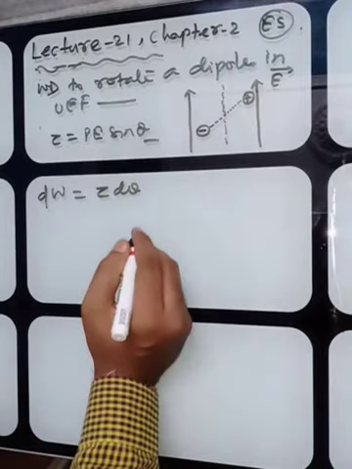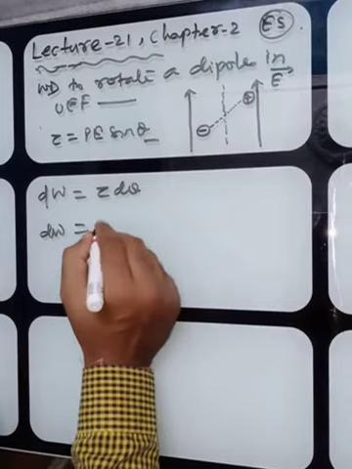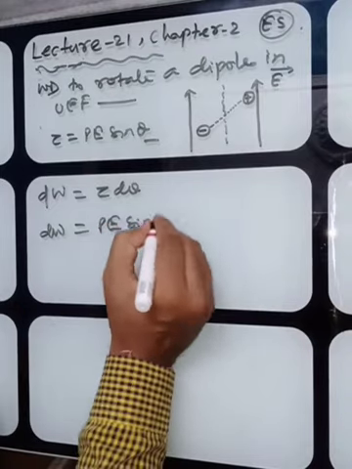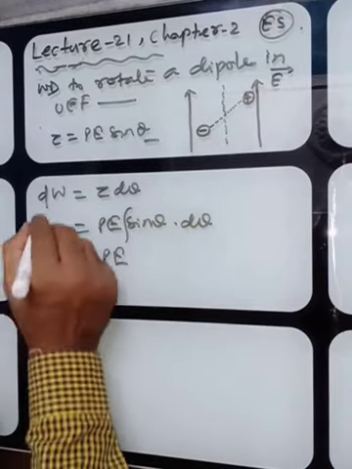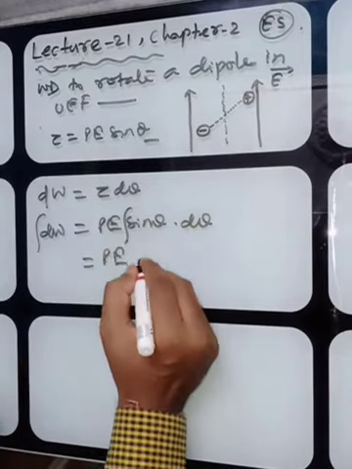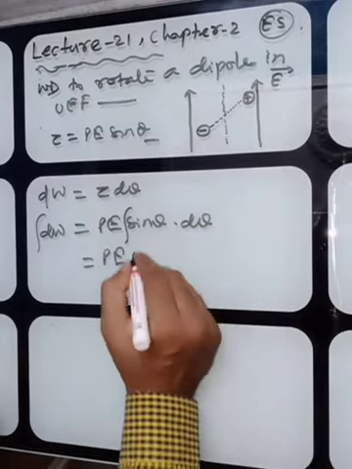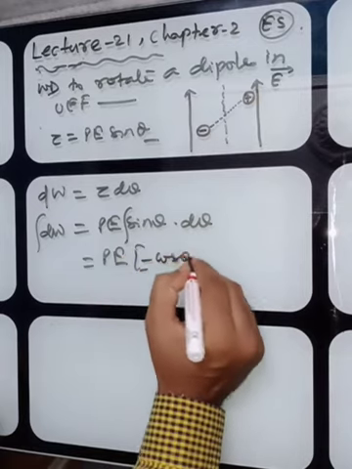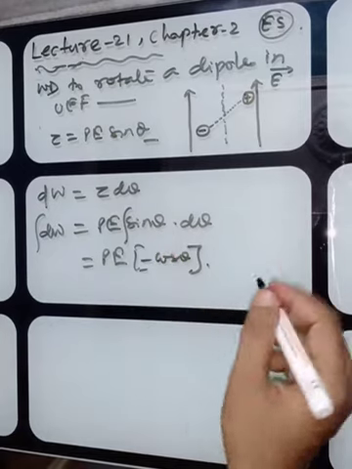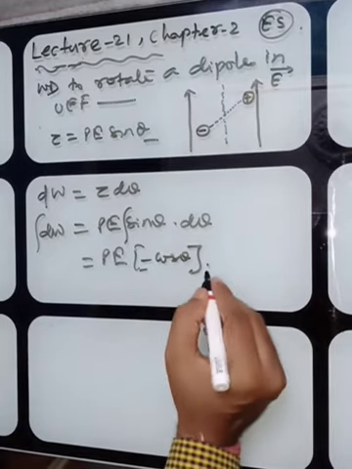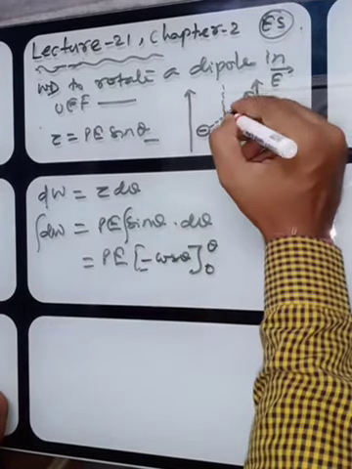So the work done will be the integral of pE sin theta d theta. pE is constant, integrating from one angle to another angle. The integration of sin theta will be how much? Yes, minus cos theta, and it is to rotate from 0 degree to theta.